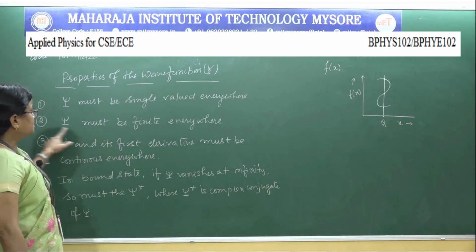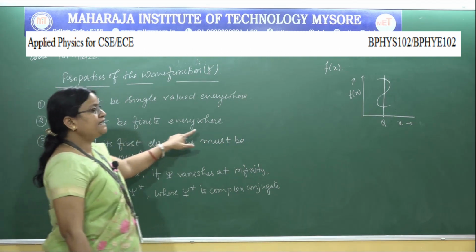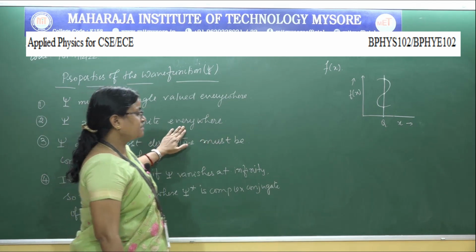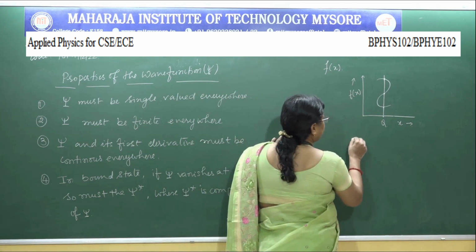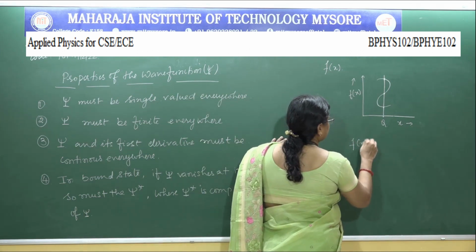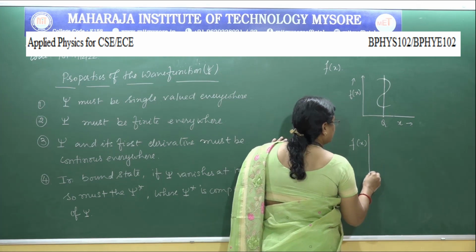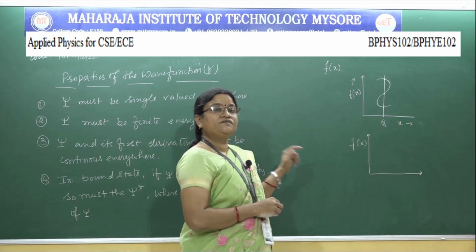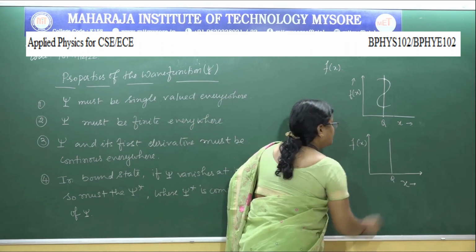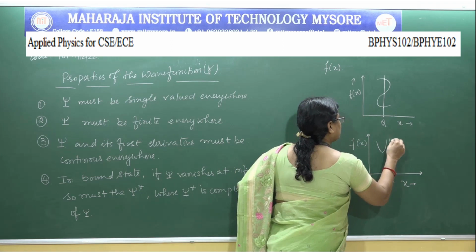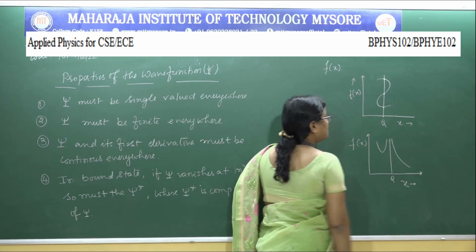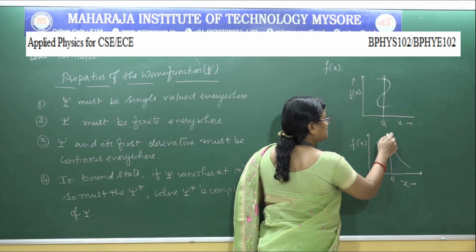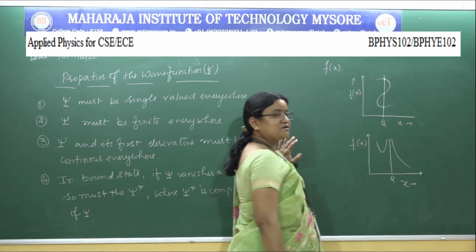Next, psi must be finite everywhere. If we draw the wave function, and at point Q, what we observe is that the value of the function is approaching infinity.